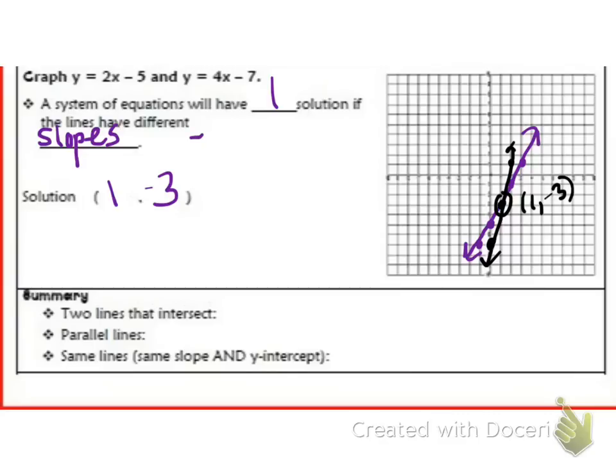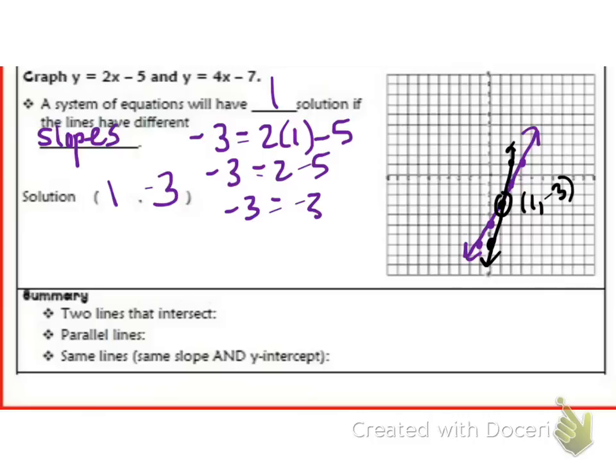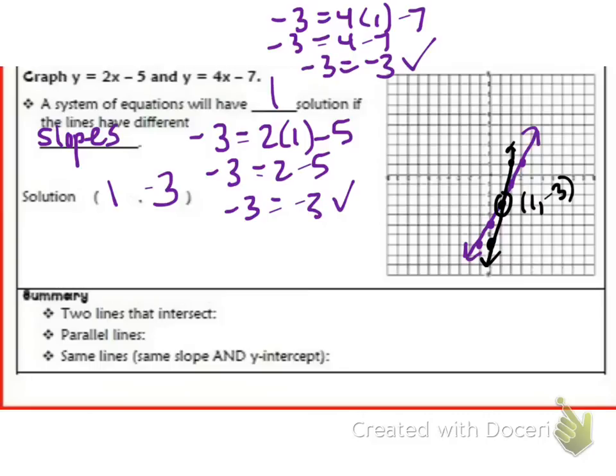According to us, -3 should be equal to 2 times 1 minus 5. -3 should equal 2 minus 5. -3 should equal -3. And it in fact does. So it works for the first equation. Second equation, negative 3 equals 4 times 1 minus 7. Negative 3 equals 4 minus 7. Negative 3 equals negative 3, and that checks as well.